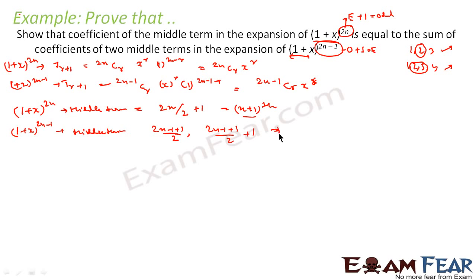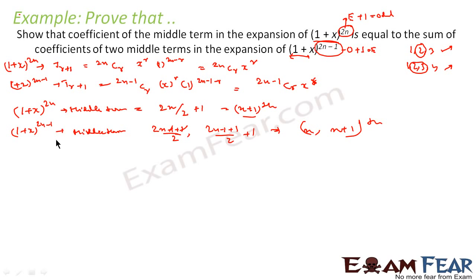So this becomes n and n plus 1. So the nth and n plus 1th terms are the two middle terms for (1 plus x) to the power 2n minus 1. We have got the middle term of (1 plus x) to the power 2n, that is n plus 1, and the two middle terms of (1 plus x) to the power 2n minus 1, that is the nth and n plus 1th terms.